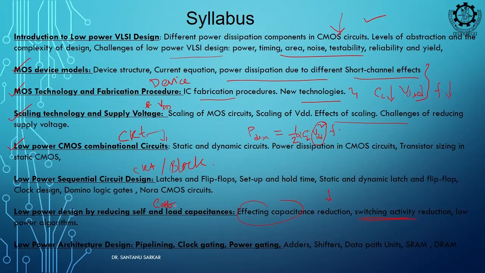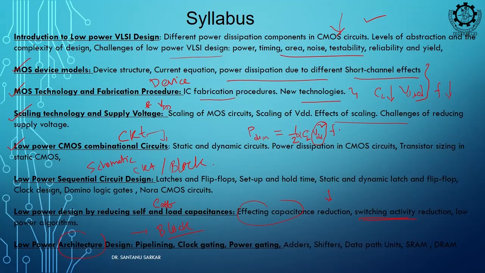So, circuit level, effective capacitance level, VDD level, and then another is the architectural level, which you can say is block level. Schematic level we already discussed; that is schematic or circuit level, and now this is system level or block level, the topmost level. On the architectural level, what can we do to save power?